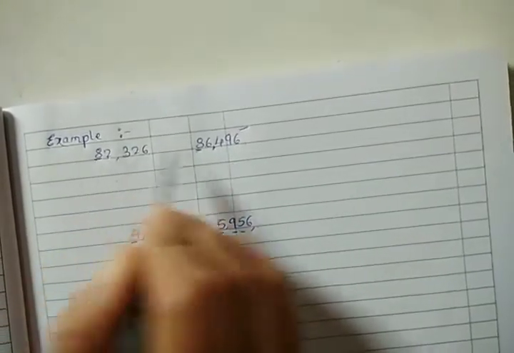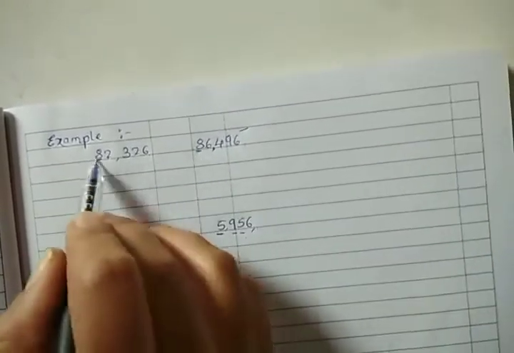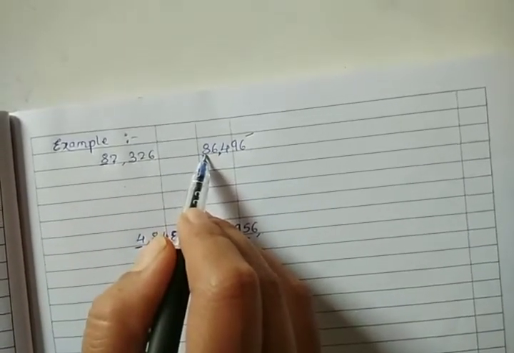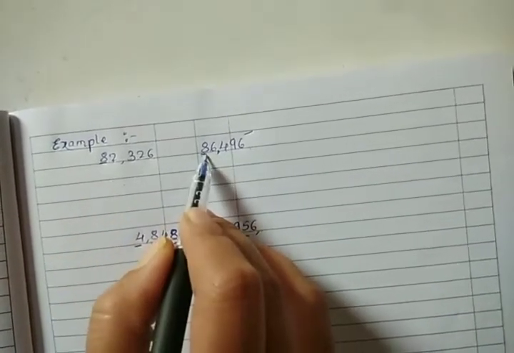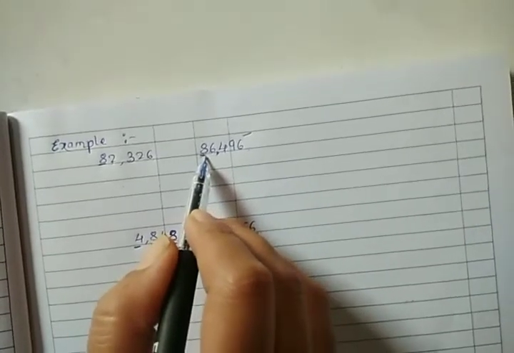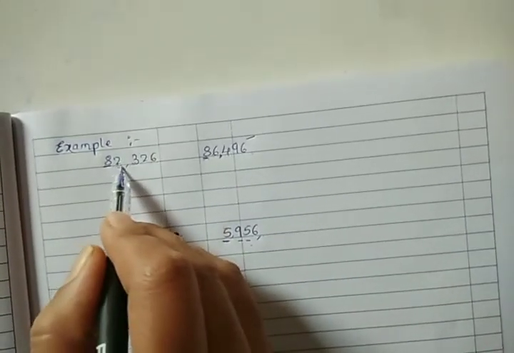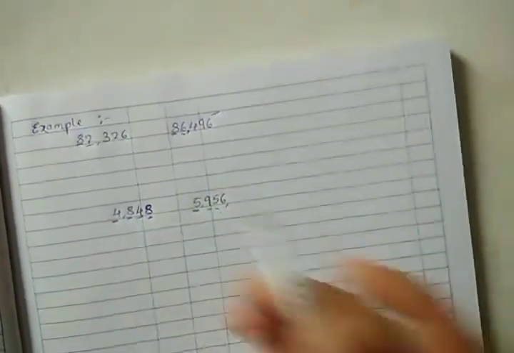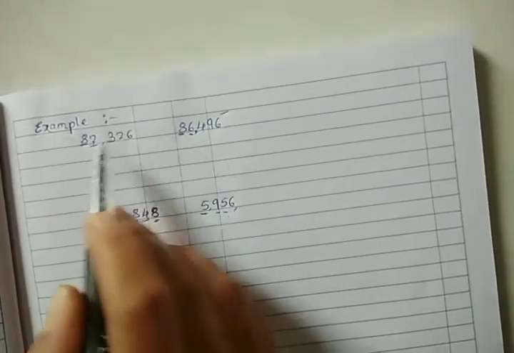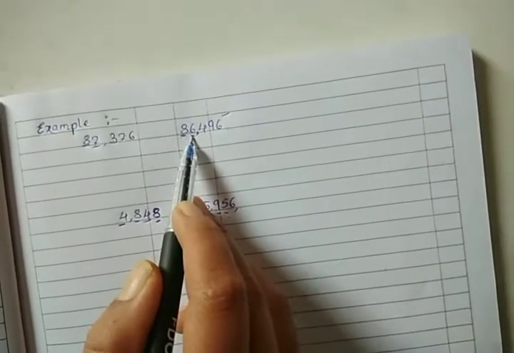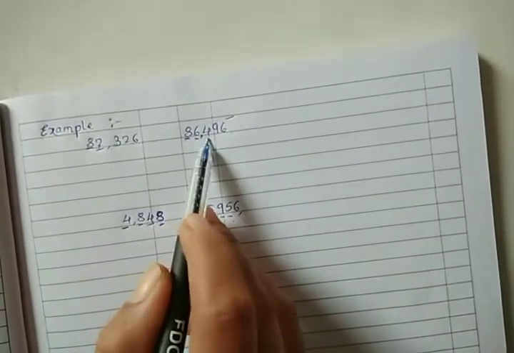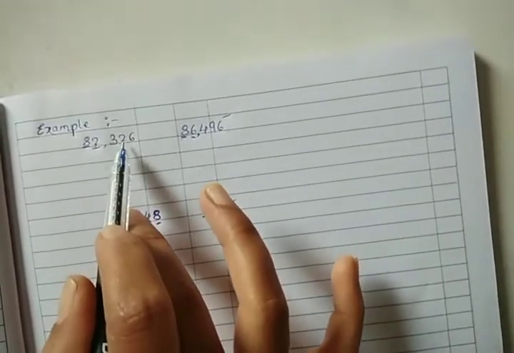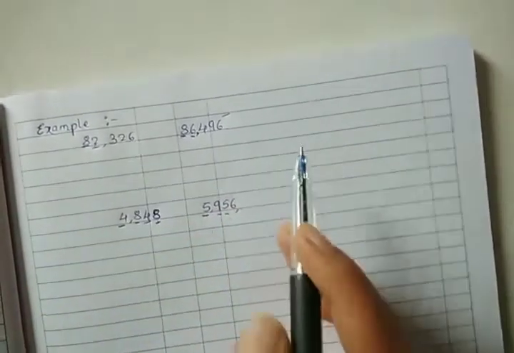Yes, here in the 10,000 place, both the numbers are the same. Both sides have 8. So, if the 10,000 place numbers are the same, then we have to compare the numbers in the 1000 place. If the 1000 place numbers are the same, then we compare the 100 place, and if the 100 place numbers are also the same, then tens place, then ones place.